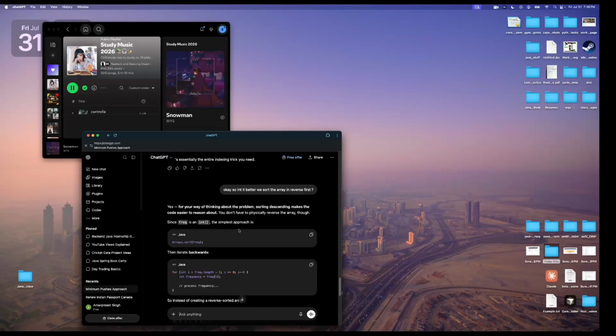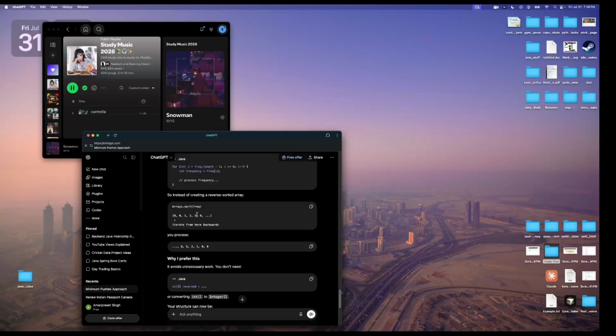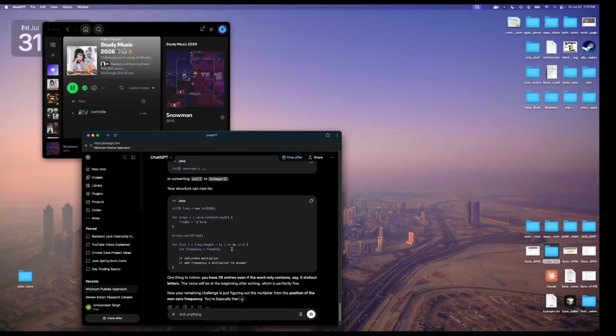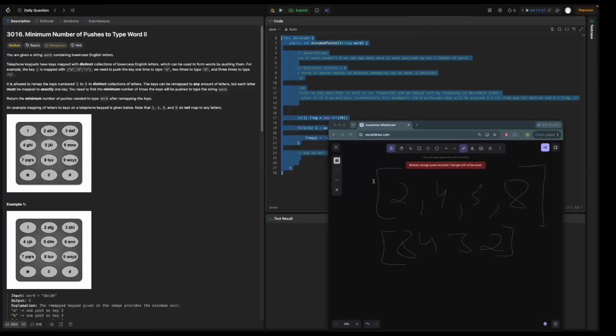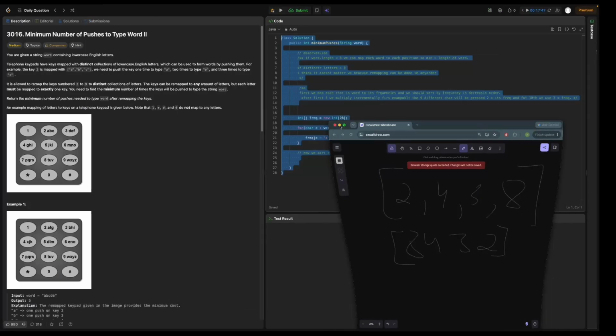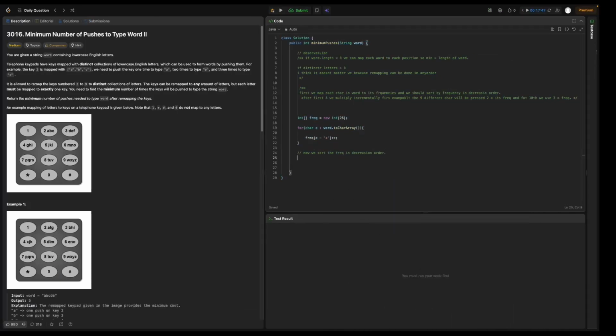Instead of creating a reverse array, try it from the back. So we were essentially correct up till here. Once I have my character array, we just call Arrays dot sort on frequency, right?